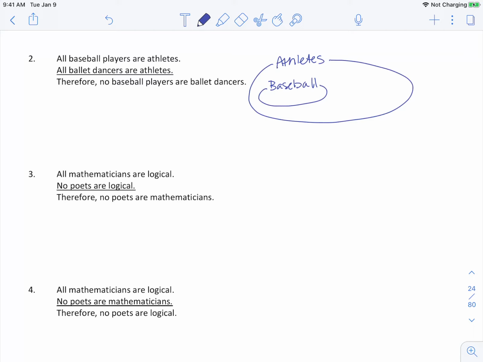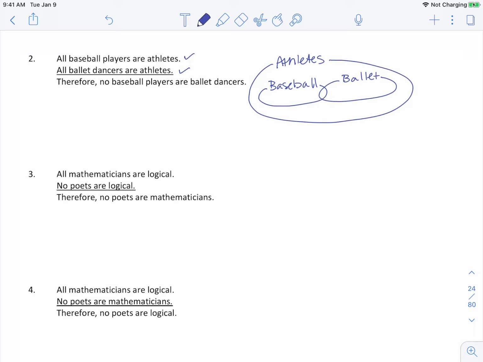I also have all ballet dancers are athletes. So I have both of these are true. I have baseball completely inside athletes and ballet dancers completely inside athletes.